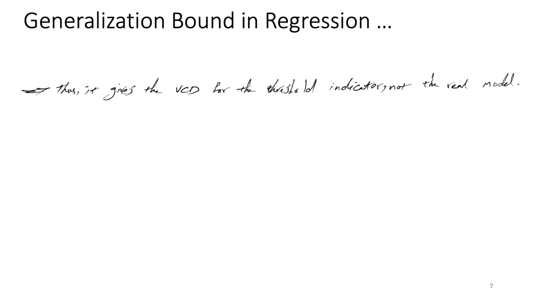As I mentioned, VC dimension gives you the VC value for the threshold indicator instead of the real model. That's why we say it is not directly usable. You can use it as a proxy to find a class.